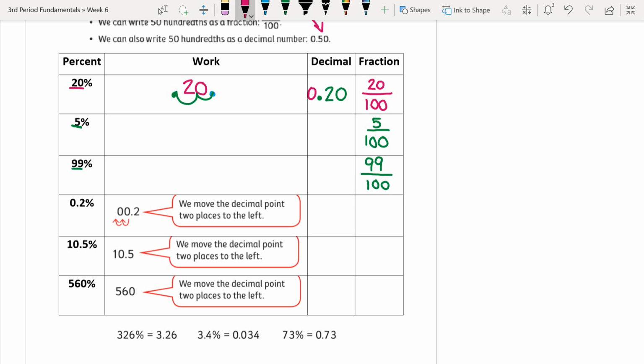So we start off by just taking the number we see, which is a 5. And we pretend like that percent symbol isn't there. Now, what we're going to do, change colors, is because there's not already a decimal there, we're going to draw it in. So we assume it's at the very end of the number.